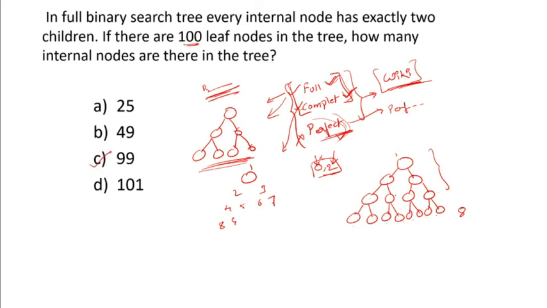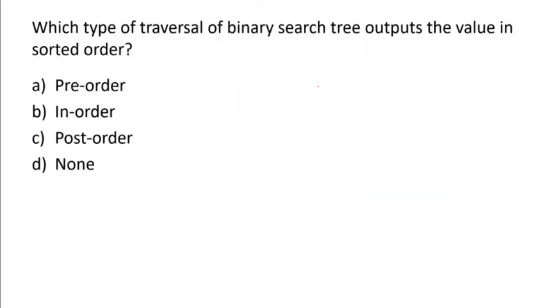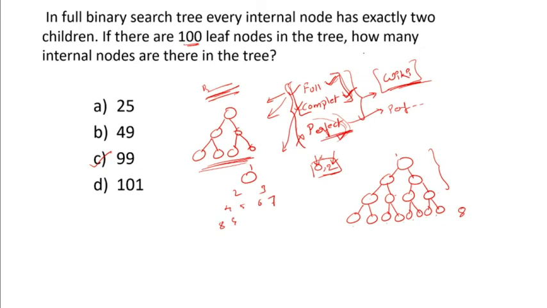Sorry, leaf nodes will be higher, and I am talking about internal nodes. See, 8 leaf nodes, you will have 7 internal nodes. So 100 leaf nodes, 100 minus 1, 99 internal nodes.